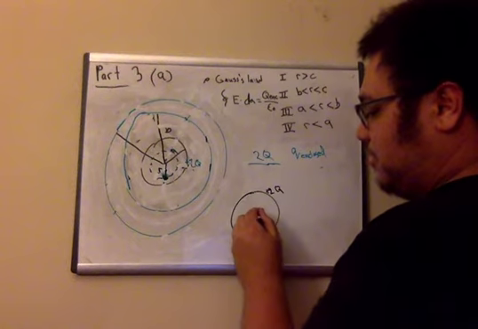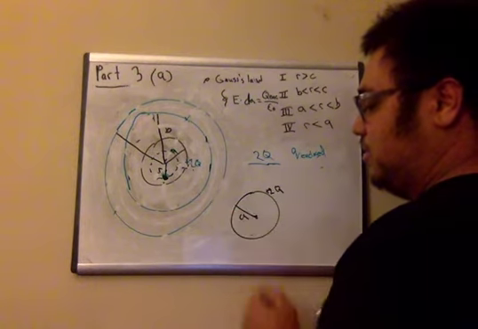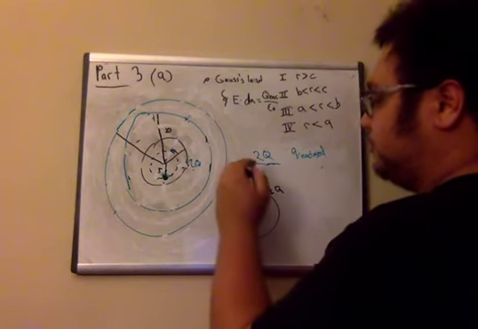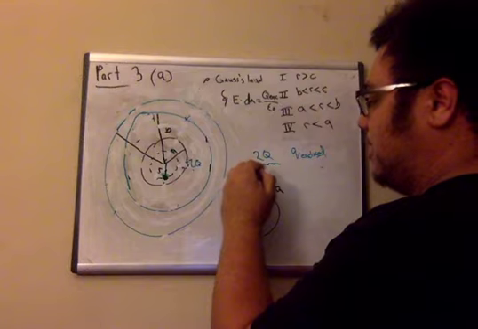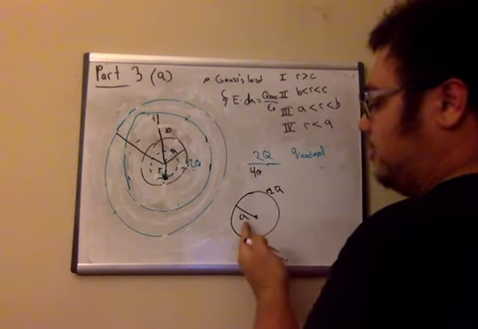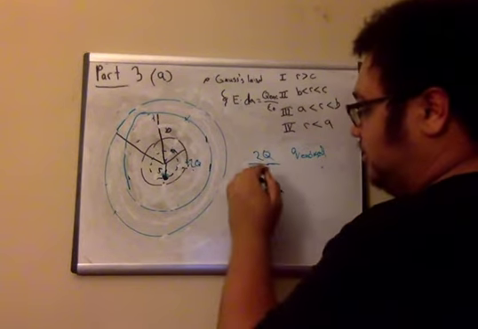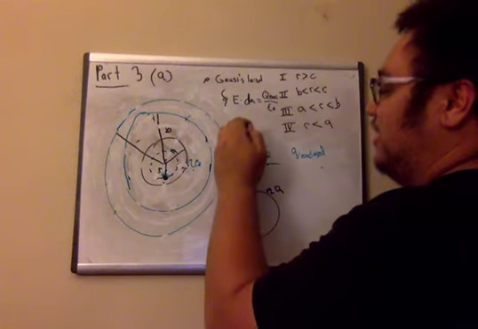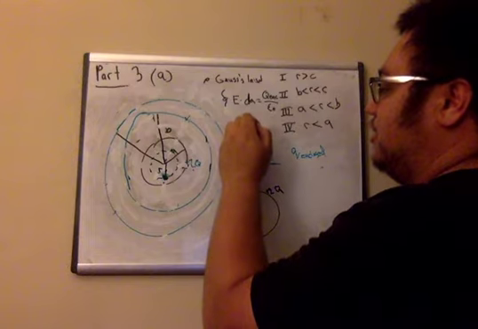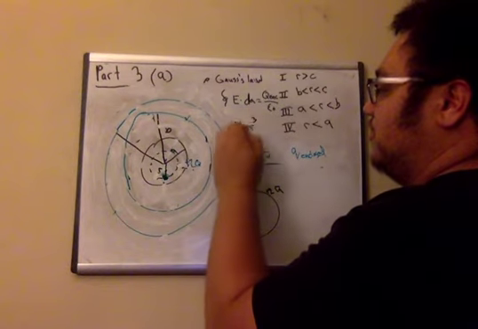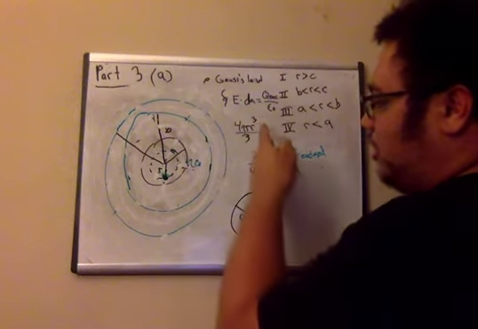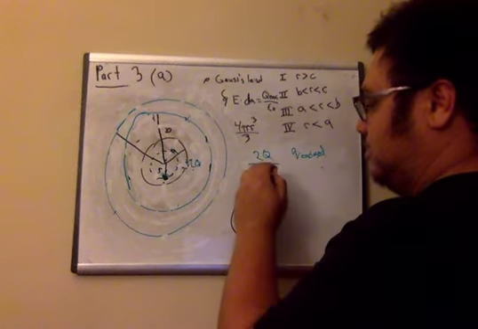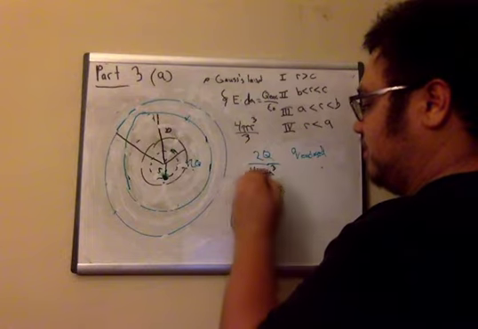Well, remember it has a radius of A. So the volume of that is 4 pi, our radius is A. Remember, the volume of a sphere is 4 pi r cubed divided by 3. So our r in this case is A, right? So 4 pi A cubed divided by 3.